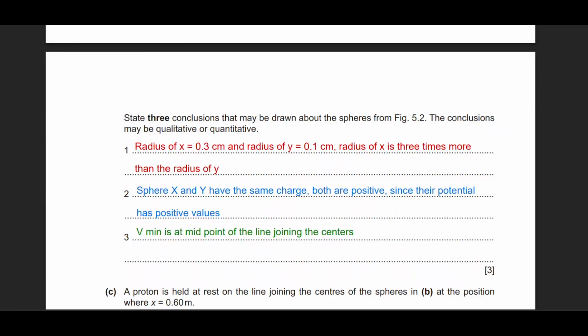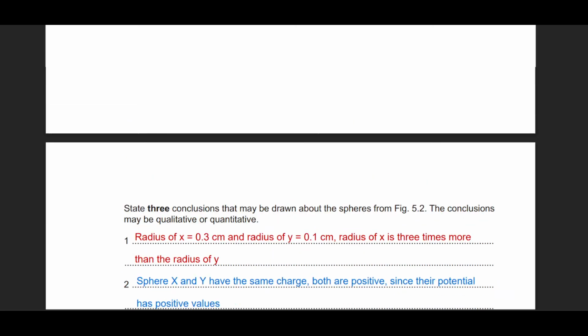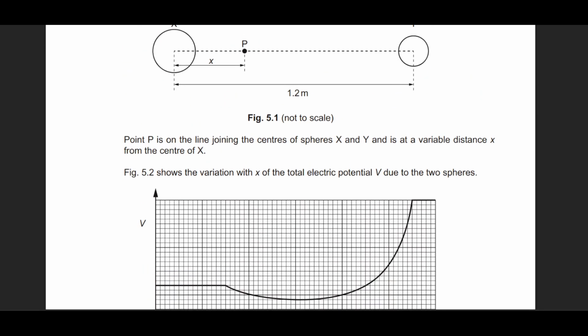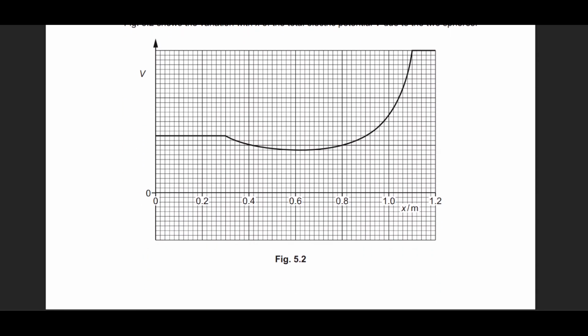So I've color coded all the discussions I'm going to do right now. The first observation is that the radii are different. Sphere X, which is placed on the left, has a radius of 0.3, and sphere Y, from this point to this point, has a radius of 0.1. We can write this down in two ways.